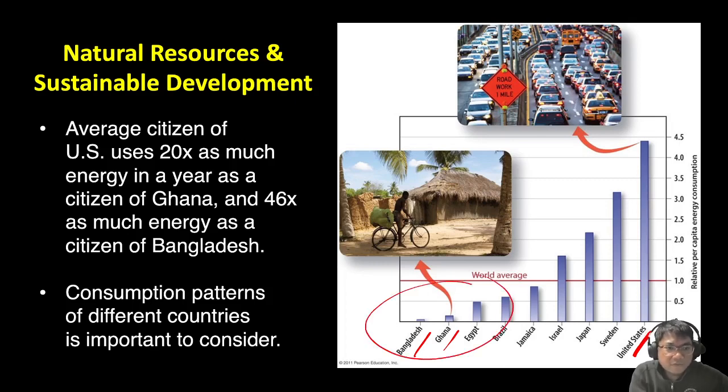The average citizen of the United States uses about 20 times as much energy in a year as a citizen of Ghana, and 46 times as much as a citizen of Bangladesh, as shown by this picture. So the consumption patterns of different countries are another important factor to consider when we learn about sustainability and natural resources in environmental geology.